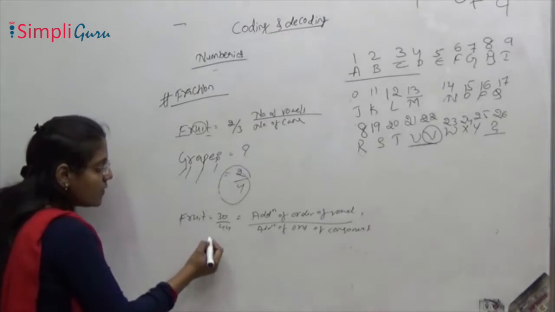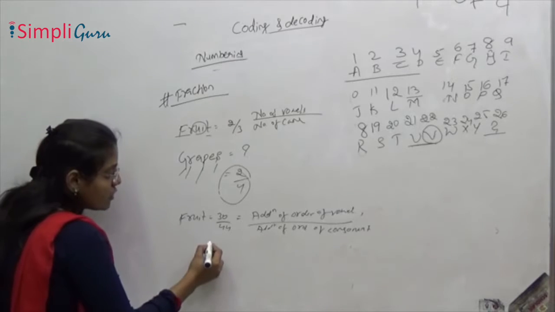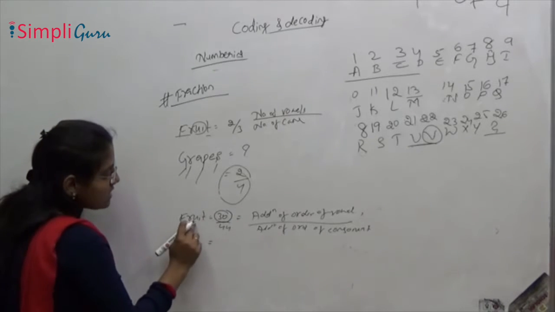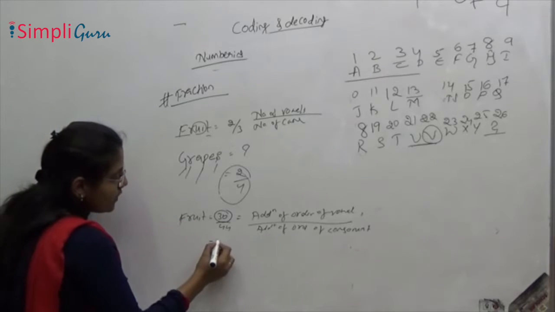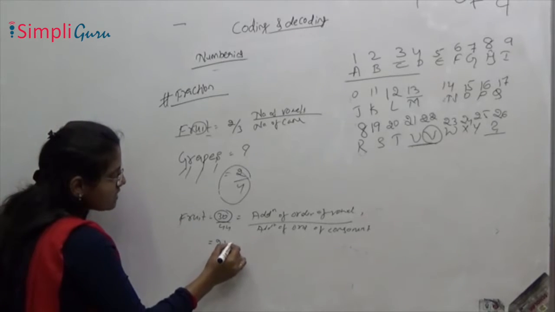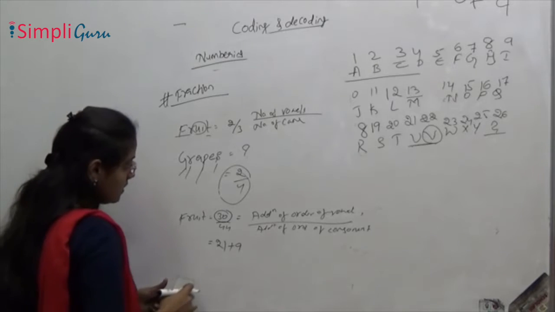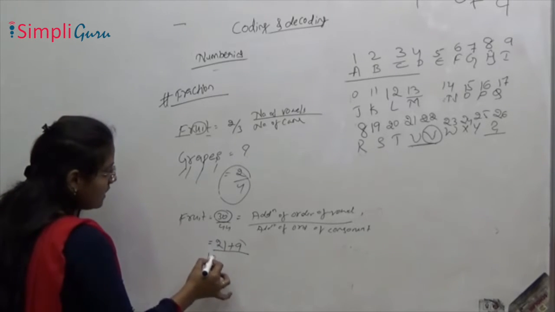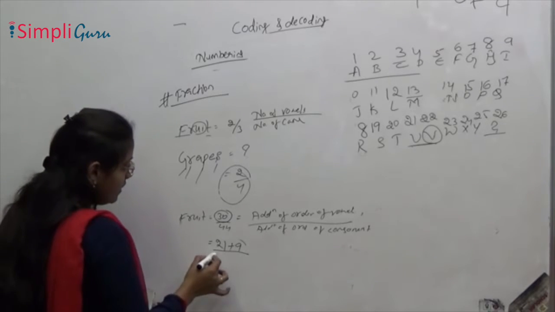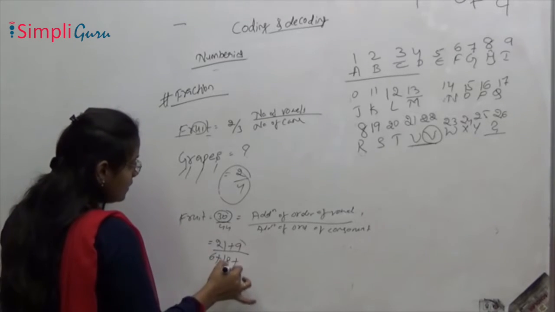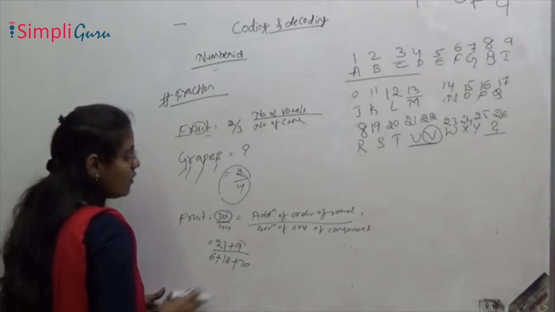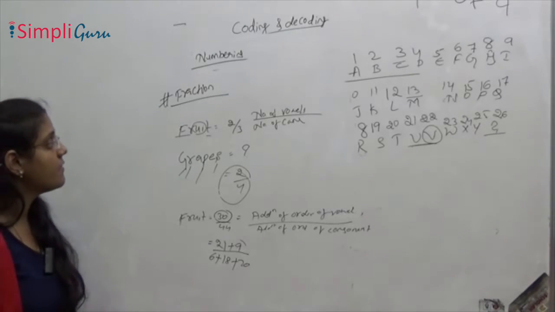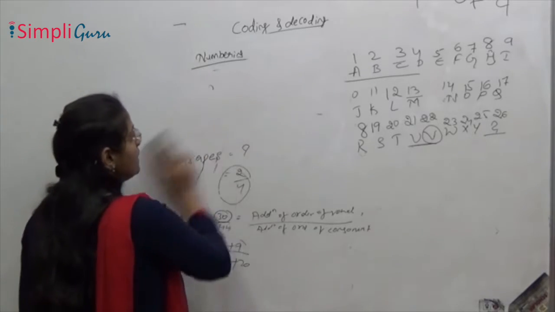If it's a bigger number, what is the ordering of fruit? It's about the vowels. So U is 21, I is 9. You'll get 30 here. Then F is 8, plus 18, plus T is 20. You'll be getting 44. This is how the fraction will work, and these are the ways of asking a question in the numbering.